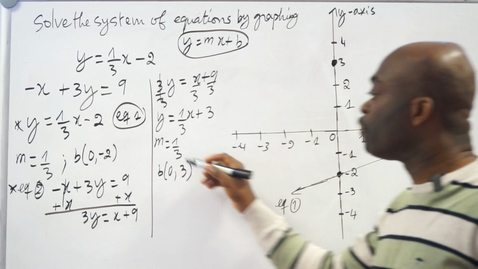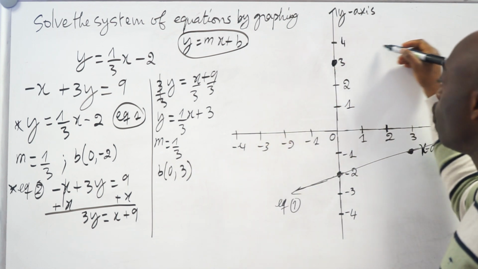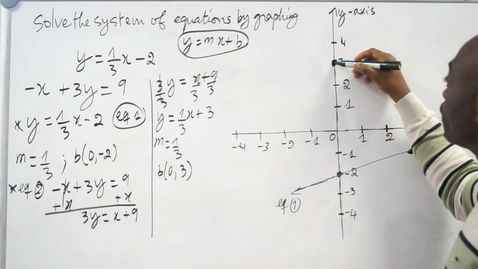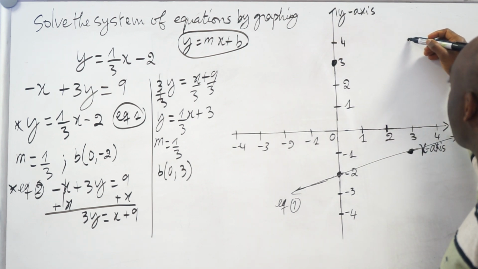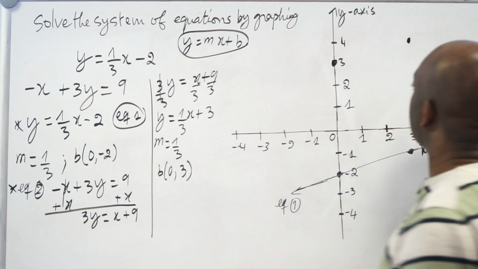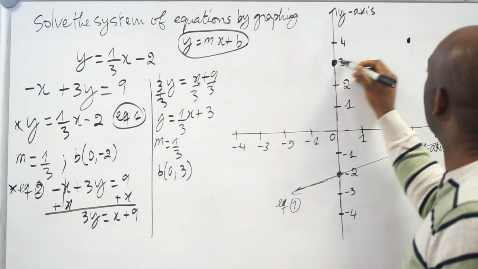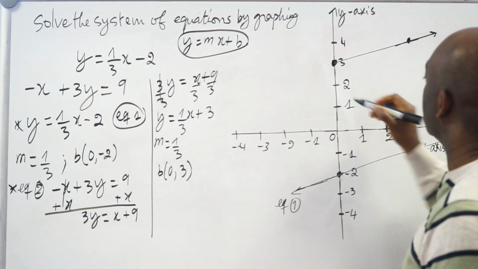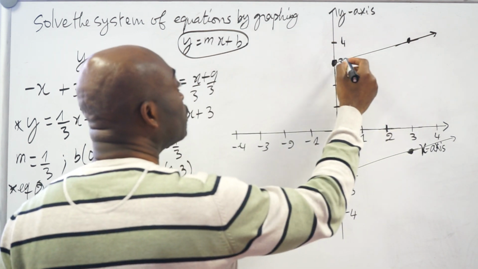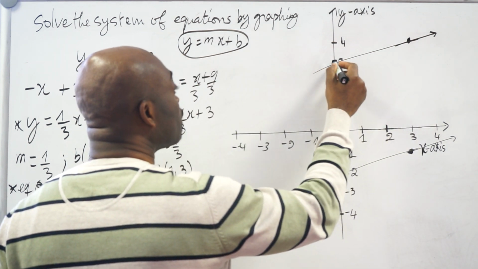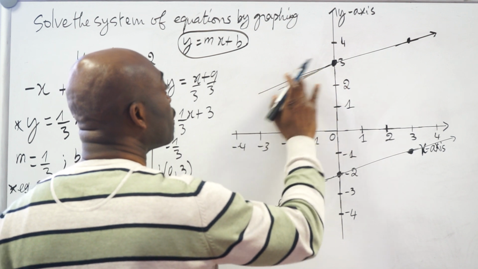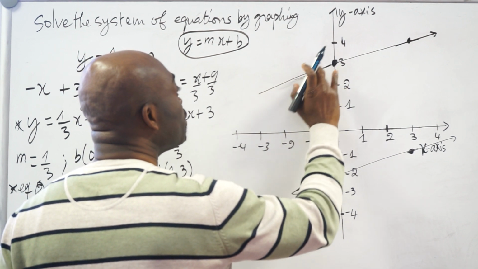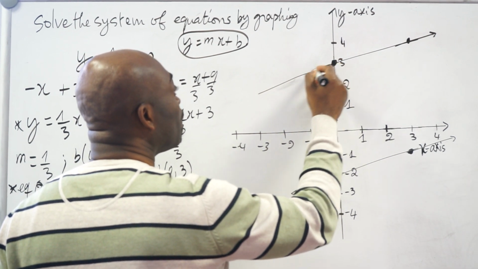And then for 3, we got to go over 3 times. So from the first point, we go up 1, and then we go 1, 2, 3. And then we can also link this line here. Careful, we need to make it clean.